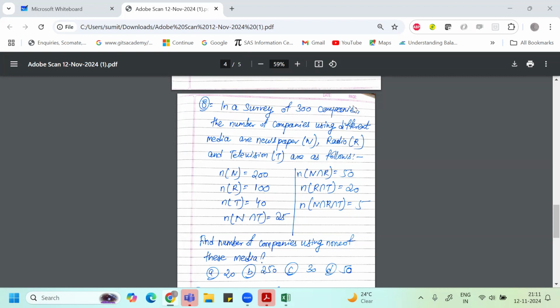So the answer for this question is 50. Yeah, Karthik, you're correct. Zeba, are you able to do this question? Acha, that question.